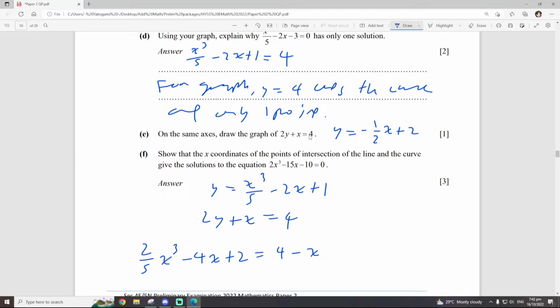We multiply both sides by 5, you will get 2x cubed minus 20x plus 10 equals 20 minus 5x. And from here, this is where you get your 2x cubed, add the 5x here, so you get minus 15x minus 10 equals 0. Okay, there you go.